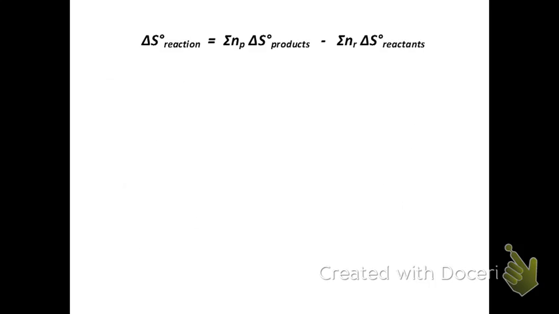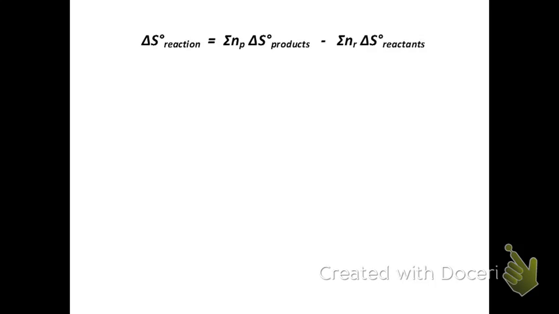And you already know what the naught means for this. The naught there means under standard reaction conditions, or standard conditions, which I have told you you need to know for the test. So make sure you know what the naught means in this equation.